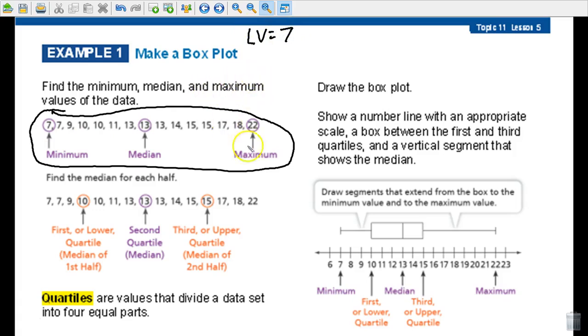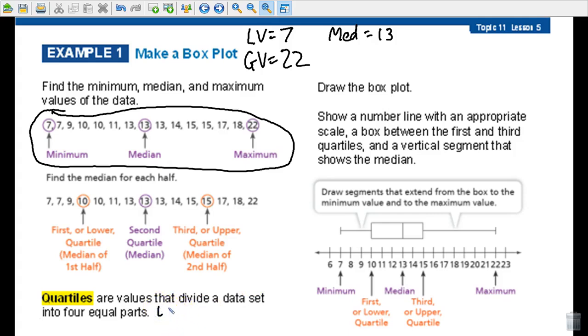Your greatest value, or GV, equals 22, the biggest number. And then you should know how to find the median. We cross out all the numbers, and in the very middle is 13. So the median is 13. Now lower quartile first.